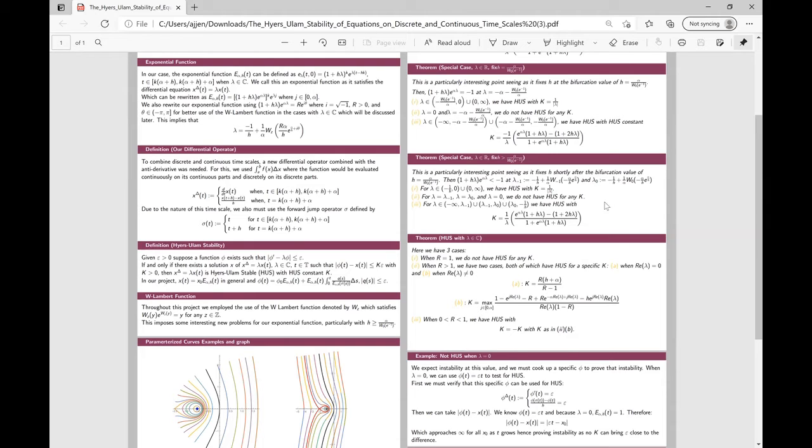And similarly, we find the same thing for lambda naught, when we take 1 over alpha and the W Lambert function of that same thing.